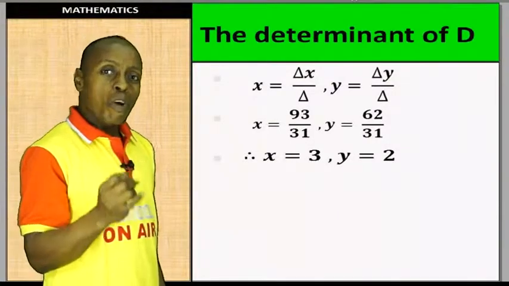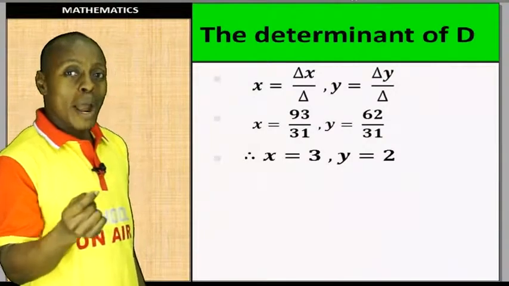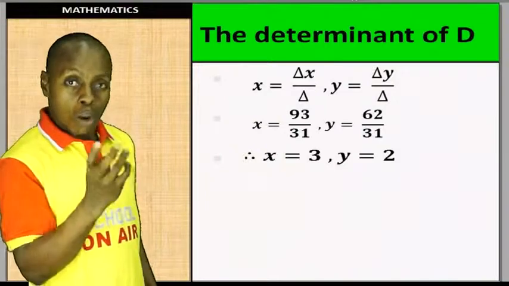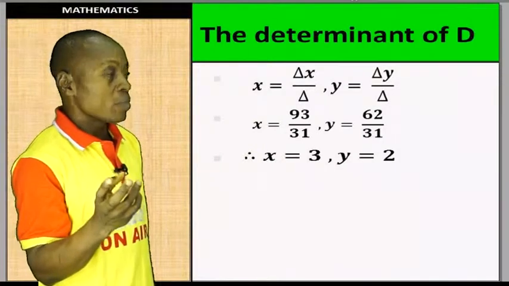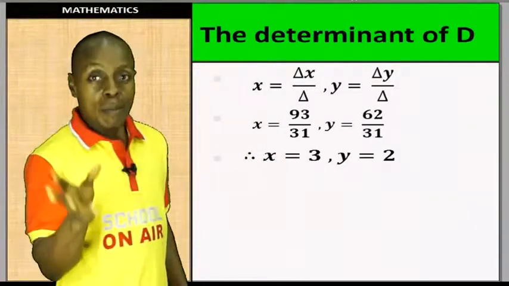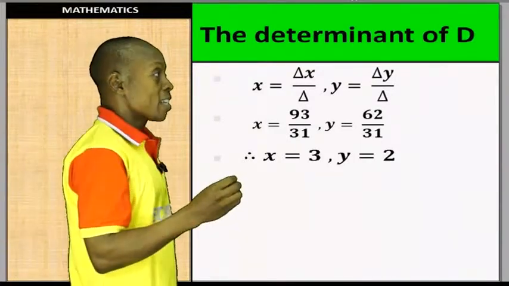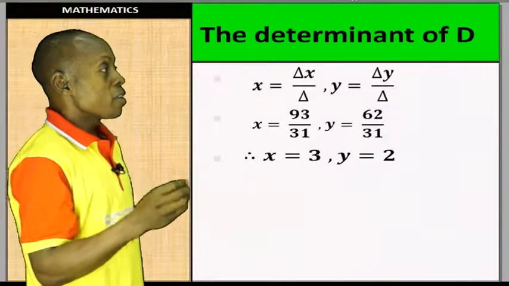Then to get the value of y, we divide the determinant of y by the general determinant. We have gotten the general determinant to be 31, the determinant of x to be 93, and the determinant of y to be 62.